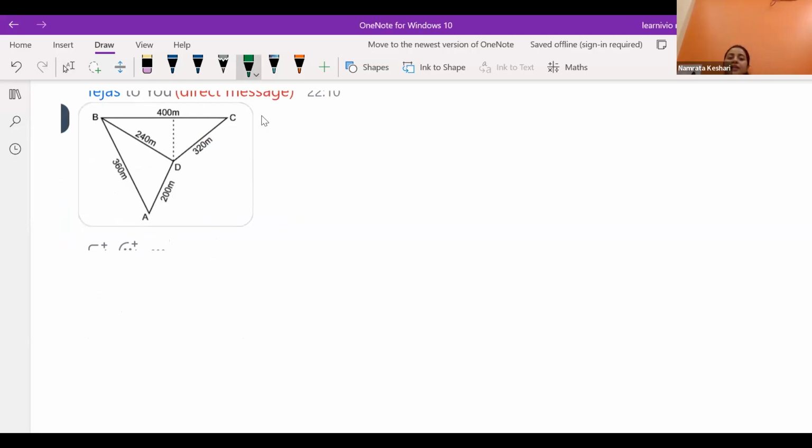Tejas, if we have to find the area of this triangle, the green one, can we find it? Everyone, by using Heron's formula, can you find the area of the triangle ADB? Yes, ma'am, we can.